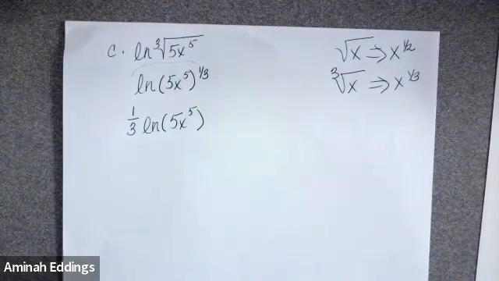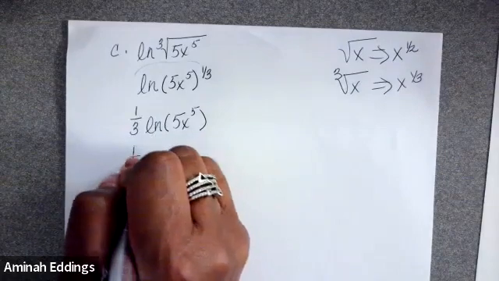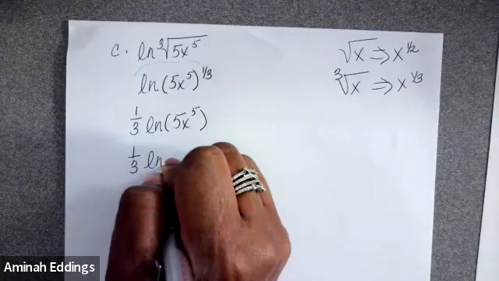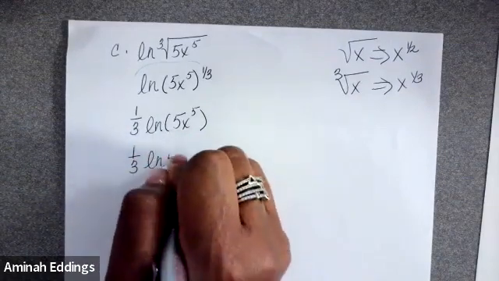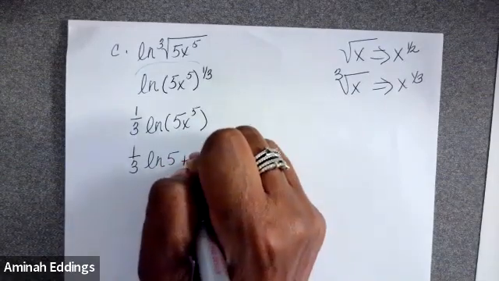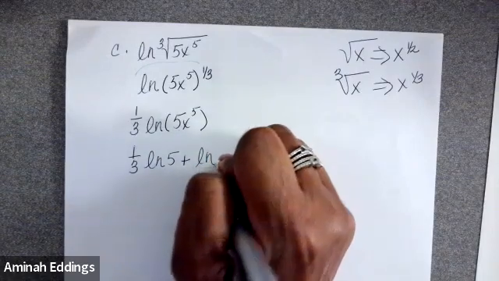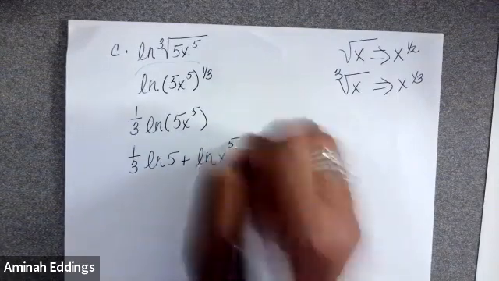Five times x means that that's what? Multiplication, so we expand it out into addition. So we get 1/3 times the natural log of 5 plus, good, natural log of, good. Are we done?